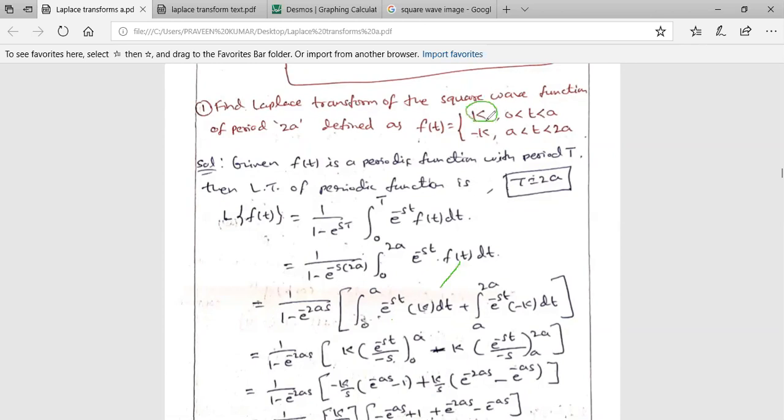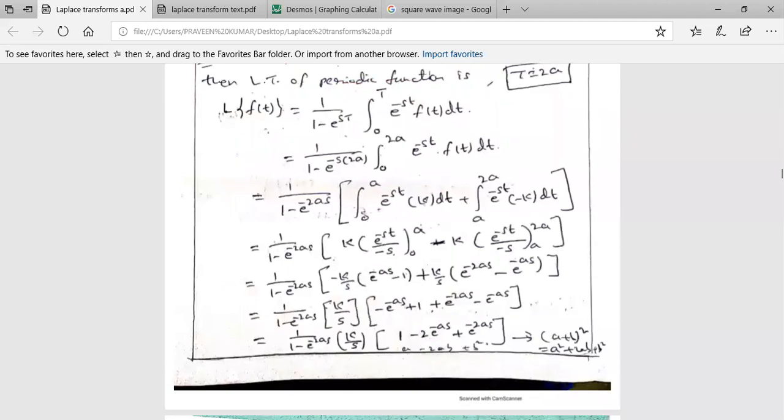What is f(t) from 0 to a? That function is k, so k dt, plus integral a to 2a e power minus st f(t). What is f(t)? f(t) is minus k dt. Just apply the integration and substitute the respective limits.